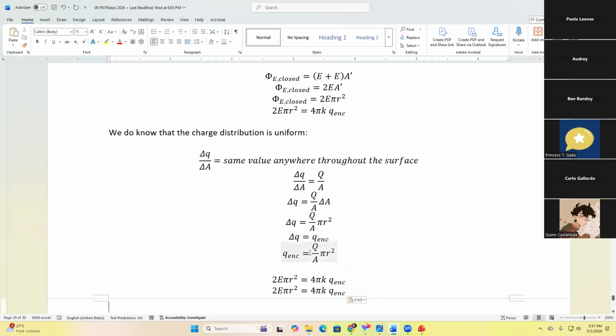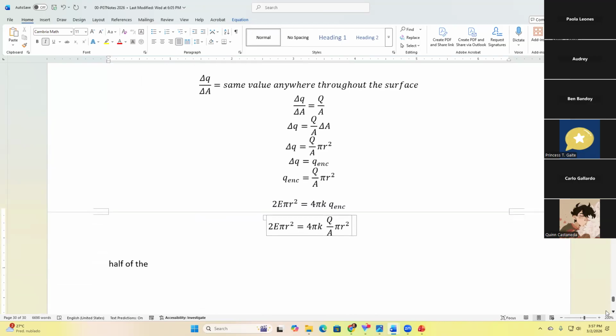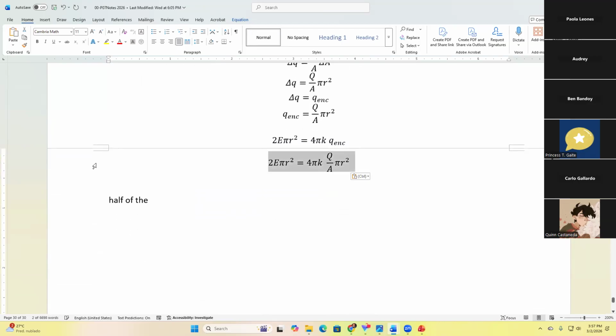Another one, Q enclosed, place it right in here. And look, something interesting happens. This pi r squared cancels with this pi r squared. We also have that this 2 cancels with this 4, right?